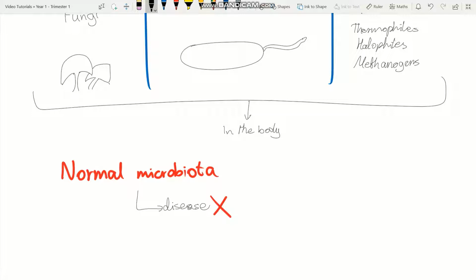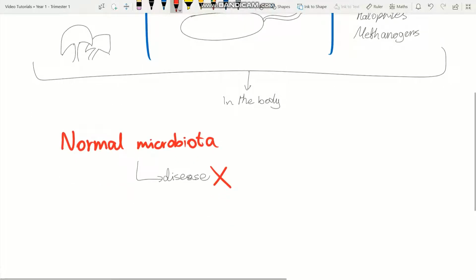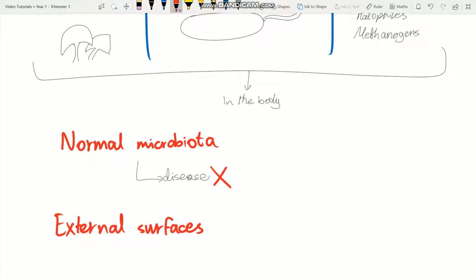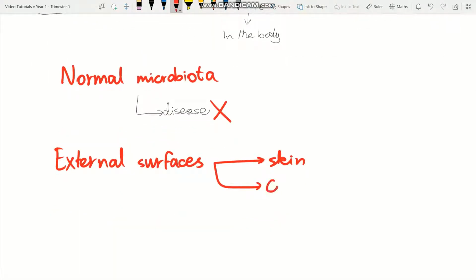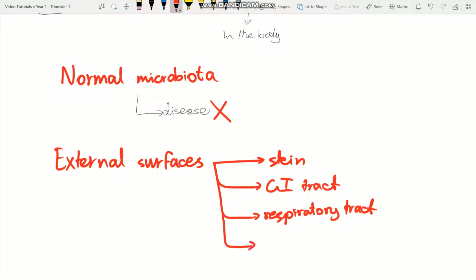And they're present on what we call external surfaces in the body. Now you may be wondering, what does that mean? External surfaces, quite surprisingly, don't only include your skin, or what we traditionally call external to the body, but also include parts of the body such as the GI tract, the respiratory tract, and also tracts in the urogenital organs, and many other places.